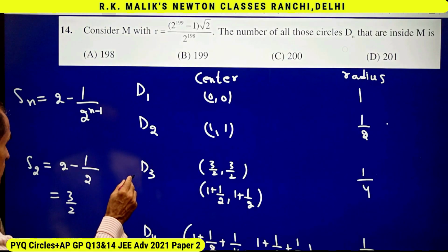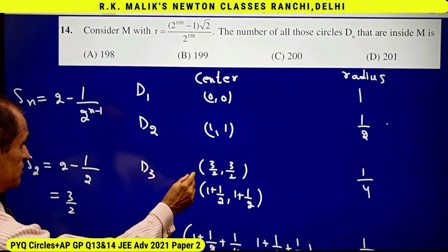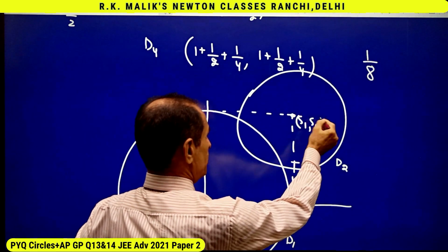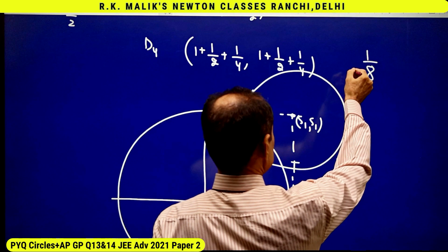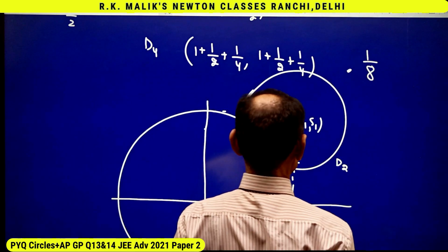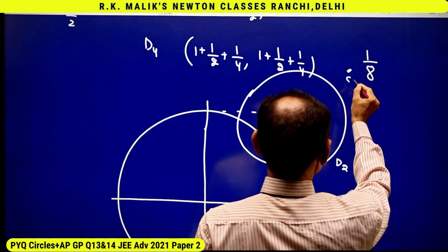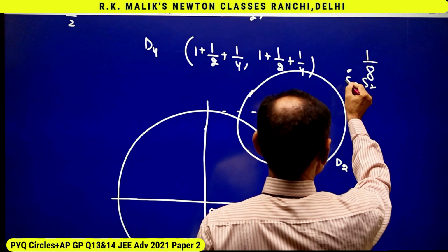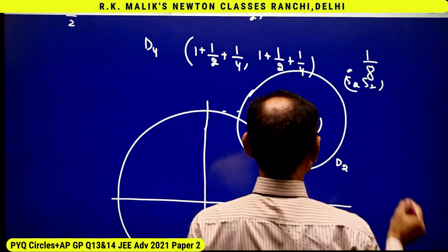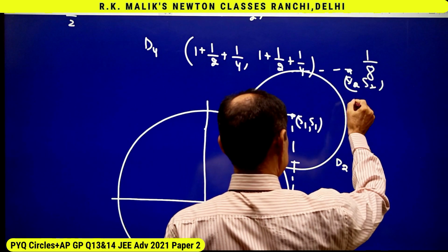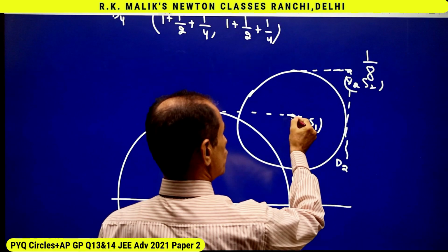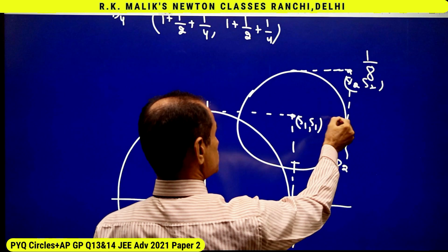For the circle D3, center is this. This is 1, 1, and because radius is 1 by 2 here, therefore this will be the point having center S2, S2, that is 3 by 2 comma 3 by 2. Note that radius of this is 1 by 2.